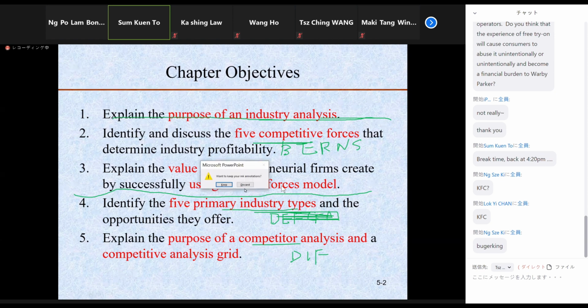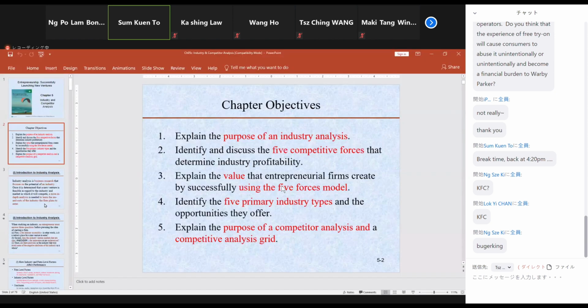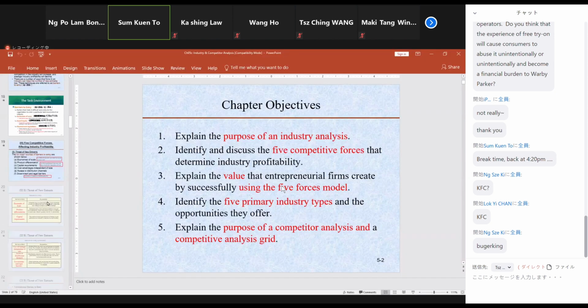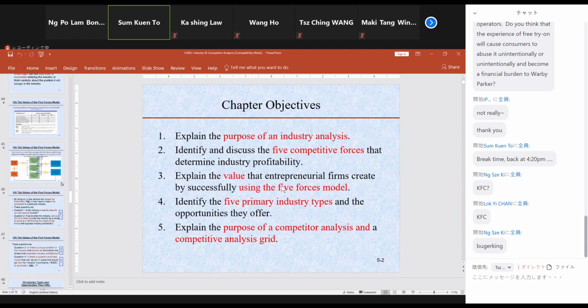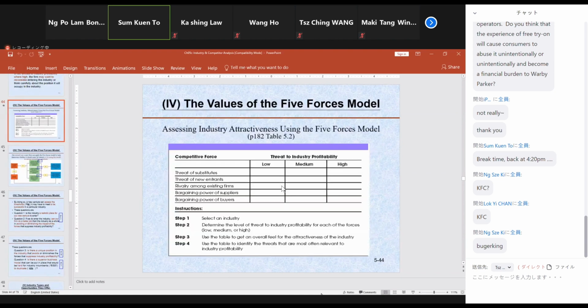Let me try to go to the part about here. Okay, maybe I try to do this again in case last week you have forgotten what I said.